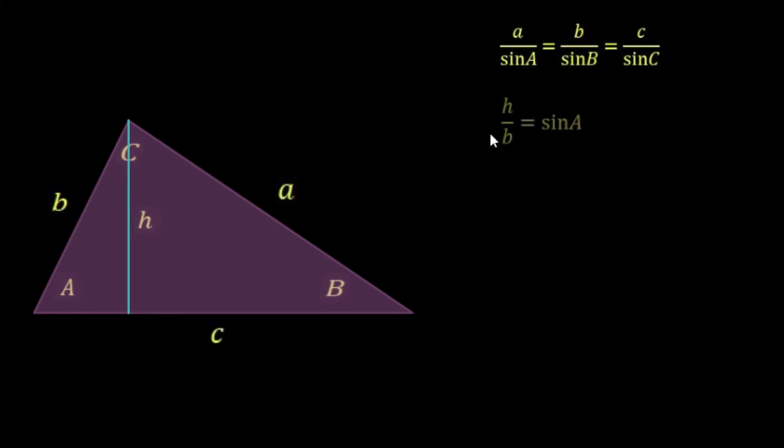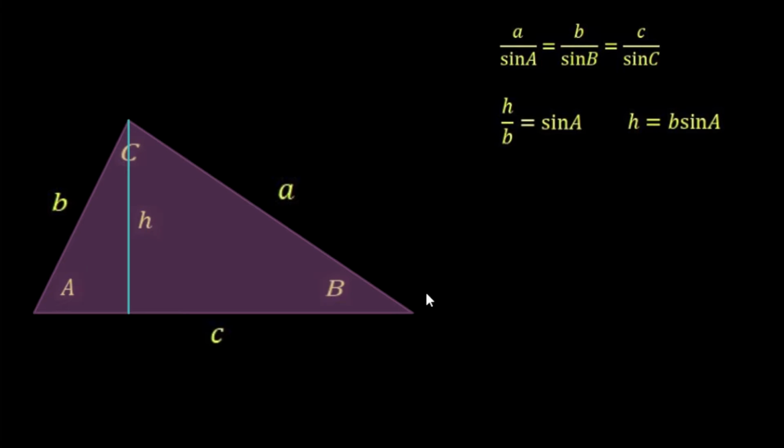And we can write this here. h upon b is equal to sine A. So therefore we can rewrite that as h is equal to b sine A. Now we can do the same for this triangle. We can see that the length opposite B is the length h. So this is the opposite.